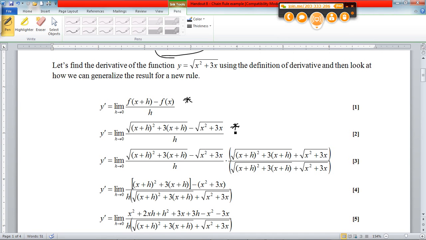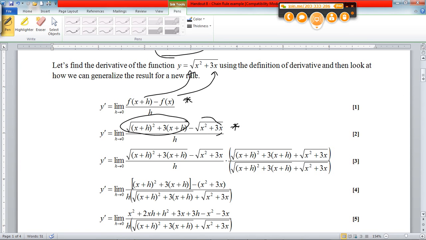Why do I have two square roots? Well, this square root right here is the f of x plus h, isn't it? Because if I plug in x plus h into my x squared and 3 times x plus h, isn't that what I get? Okay. And then the minus, well, that's just f of x, the square root of x squared plus 3x. With me so far?